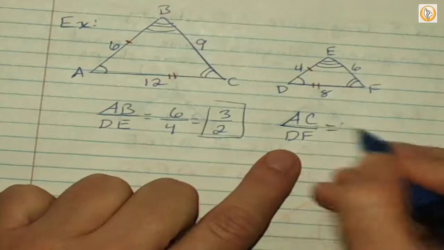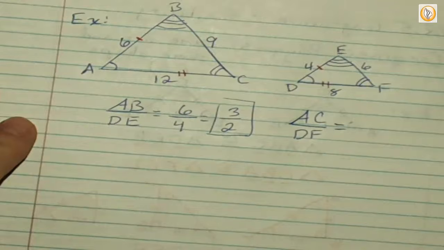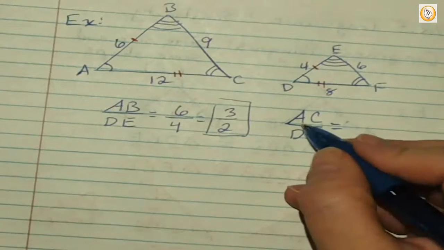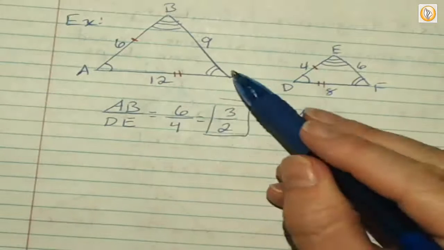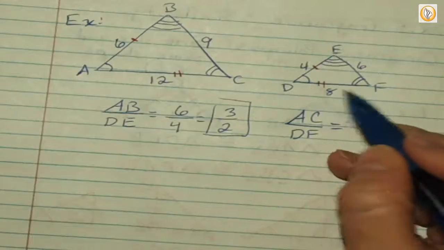So will you always start with the first angle? No, you don't have to. You just choose random ones. So I could choose ED. So AC, we're going to go with this one now, AC, and we're going to compare it with its similar side of DF.